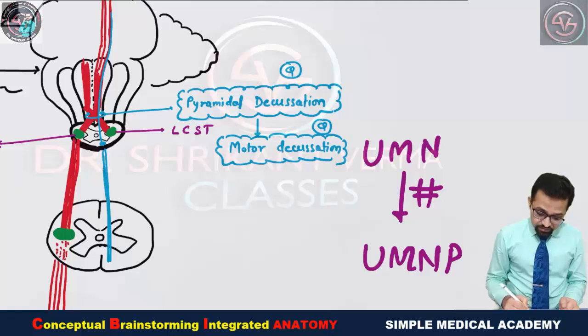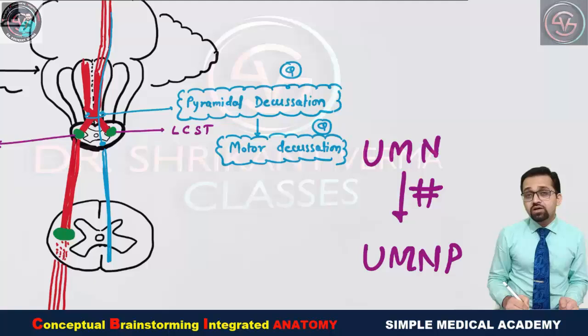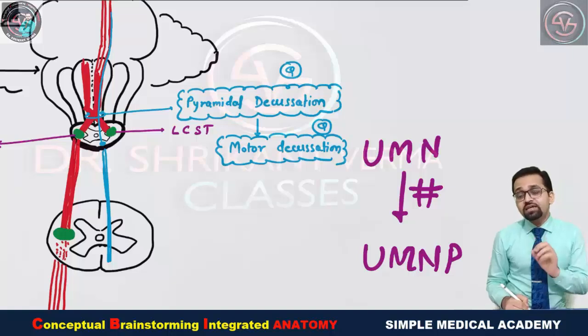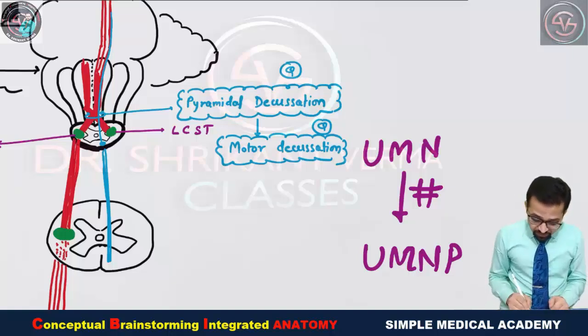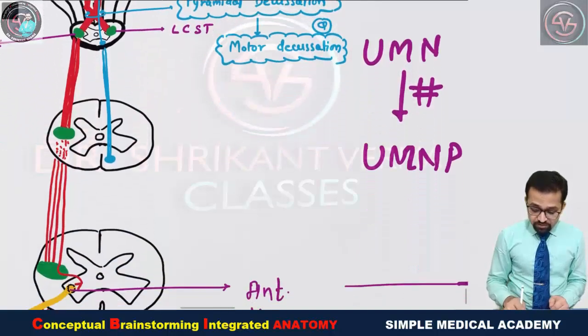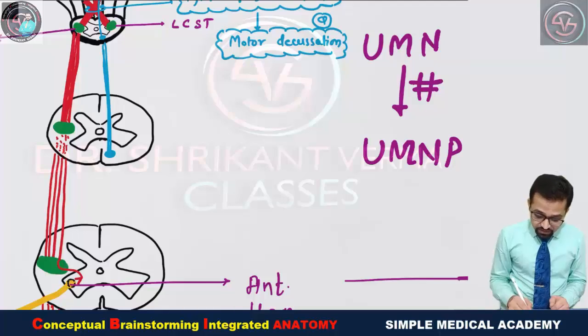Only 20% or 25%, a few books say 15%, we are saying 20% of fibers make the bundle of axons on the anterior side of the spinal cord. So when these fibers are coming down, they always pass on the anterior side of the spinal cord.